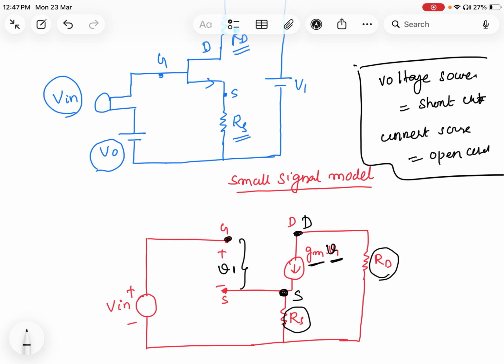So whatever be the V1 and whatever be the V0, both will be short circuited. So only we have a signal here, V in. We have an input signal here, V in.